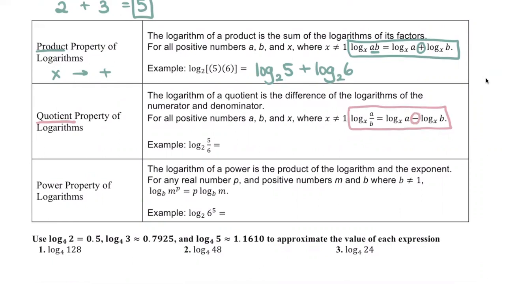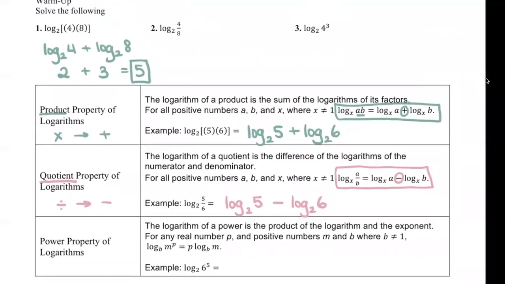So the example here, we have log base 2 of 5 over 6. This you can re-express as log base 2 of 5. Start with the numerator, and you subtract log base 2 of the denominator. All right, so division, when you split it up, you use subtraction.